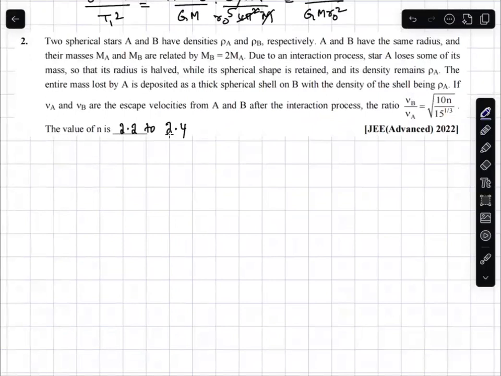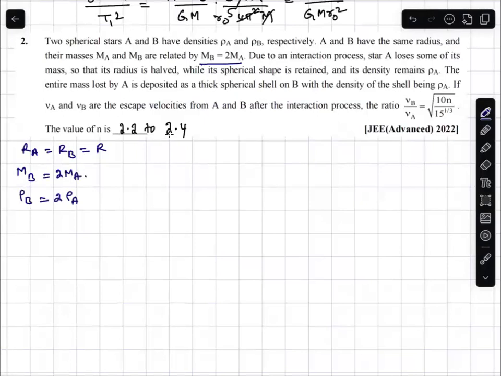A and B have the same mass, same radius, and their masses are also given like this. Radius is the same. Wherever I have RA, RB, I will write it as R. Similarly, mass of B is 2 times the mass of A. Similarly, density of B is 2 times density of A. Why? Because volumes are same.